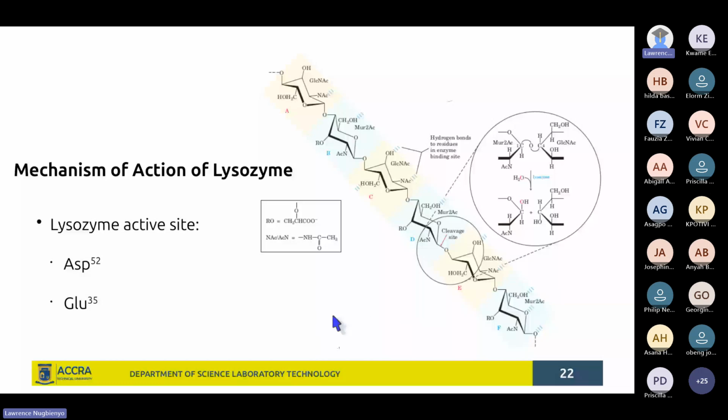We talked about papain, which I said can be used in the leather industry and also in the meat industry. Chymotrypsin is one of the enzymes also used in the food industry, and it's also involved in the digestion of proteins.